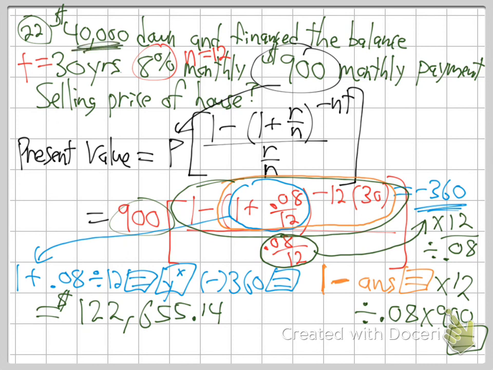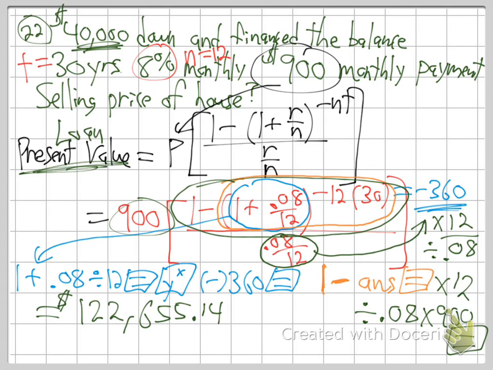Yeah, now let's think about the 40,000. So what is this $122,000 number? That's the present value, I should say. That's not everything they paid. That's the present value, right? That's the left side. That's the loan they got from the bank.